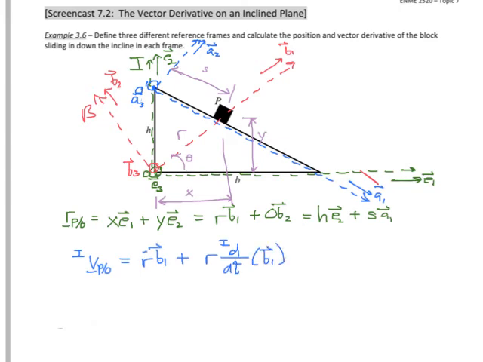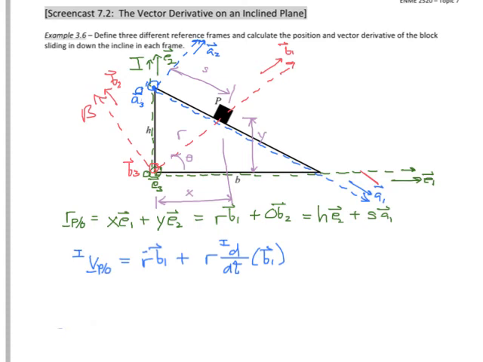Here we run into the roadblock that we introduced in the last screencast, in which we have a scalar multiplied times a time derivative of another basis vector. We haven't yet worked out the tools that we need to calculate the time derivative of a basis vector. So that's coming, and we'll be able to finish this in a future screencast.